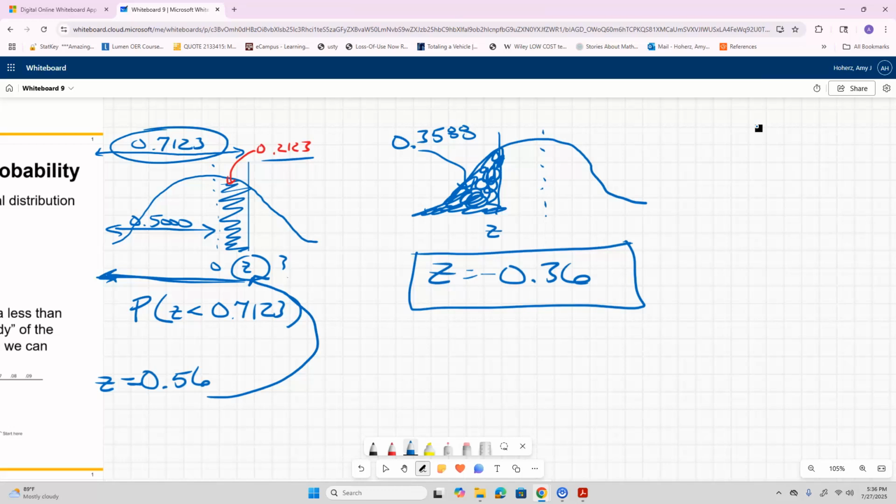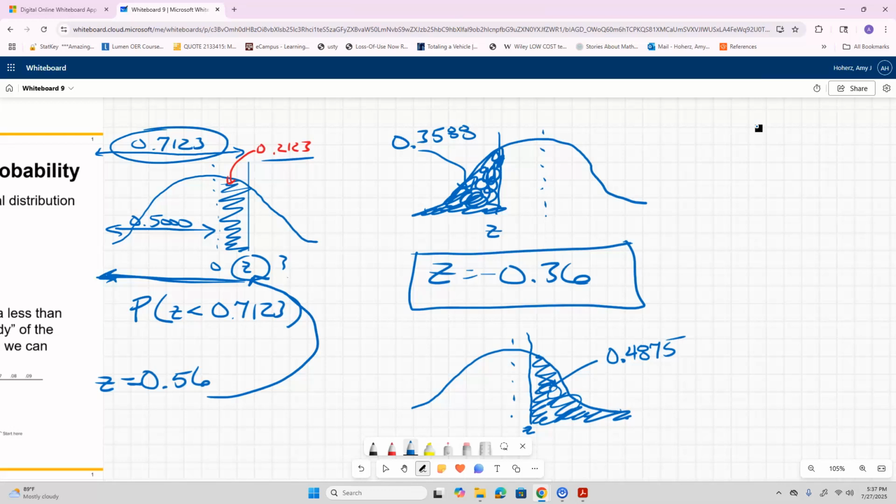And then you could also have one that was to the right. So if they gave you a problem like this and it said, what's the probability that, or what's the z-value that would give us an area to the right, or a probability of being to the right of 0.4875.